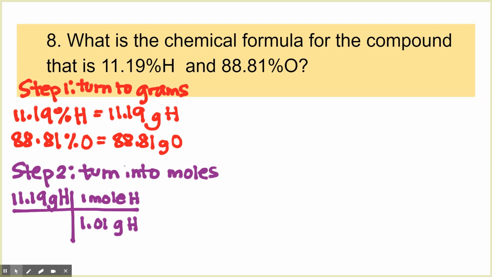Just to make it a lot easier for us, I'm going to round it off to just 1. So the grams H will cancel out, and then you just do the math: 11.19 times 1 divided by 1, the answer here is 11.19 moles of H. You do exactly the same thing for oxygen.